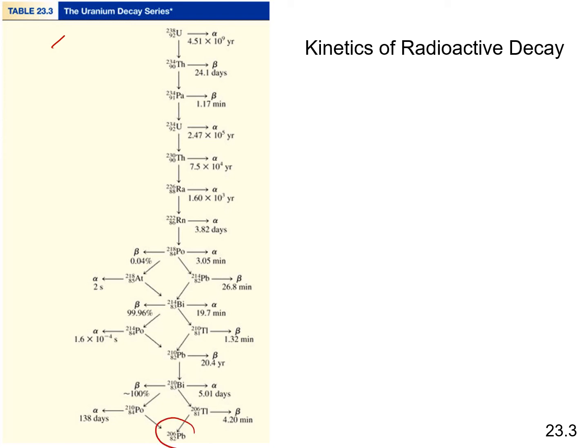From uranium-235, in a series of 8 alpha decays and 6 beta decays, we call this sequence a nuclear decay series.